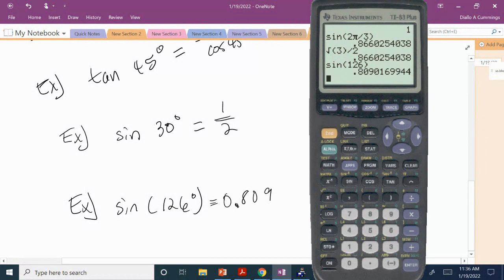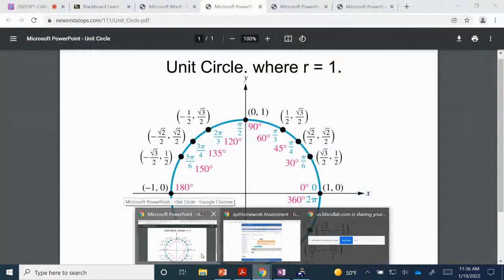All right, so this is how we would evaluate trig functions by using the unit circle as well as the calculator. Now, there's one other place where you can evaluate trig functions, and I'll just reference that at this time.